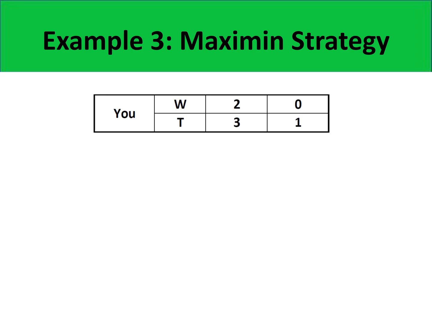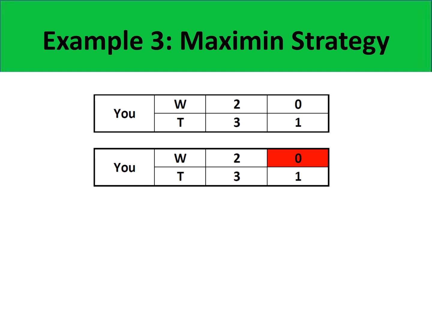Now let us consider the payoff matrix of the row player from the working on a project game. From sub-step 1, we shall get the worst payoffs for each strategy of the row player. If the row player would work hard, his payoffs would be either 2 or 0. So the worst payoff here is 0.